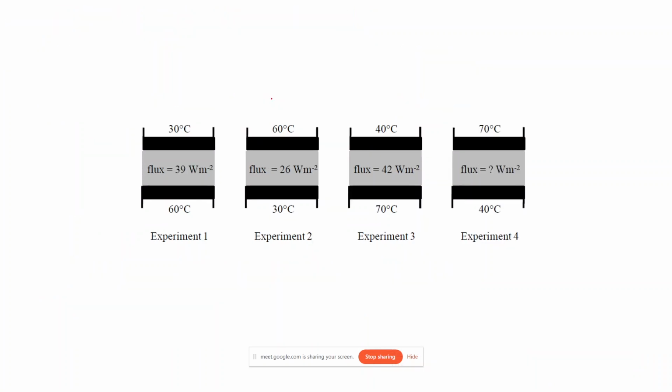Okay, so let's look at each of these cases. In the first case, the delta T is 30 degrees Celsius. Here also the magnitude of temperature difference is 30 degrees Celsius. In all the cases, we have been given 30 degrees Celsius as delta T. Now, if we consider this experiment 1, here we were given that only radiation is negligible.